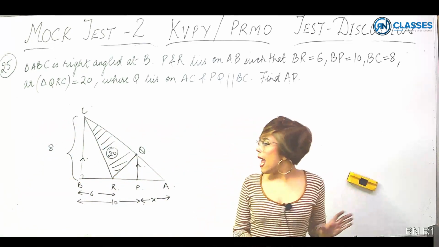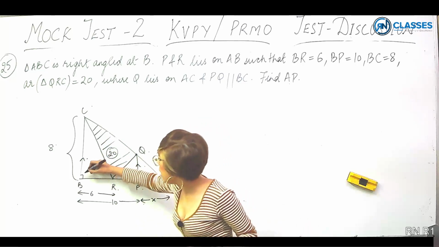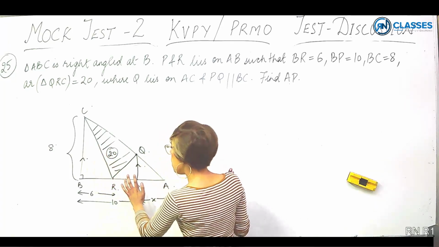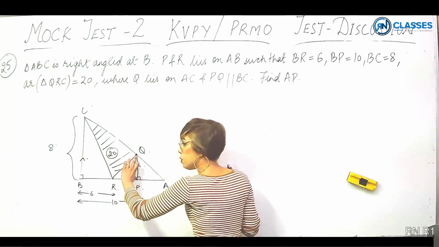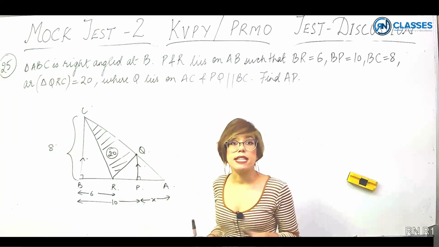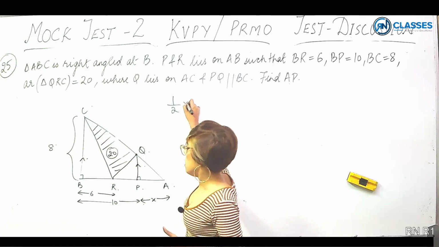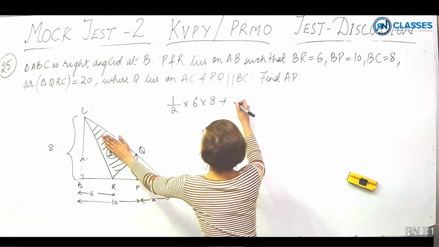Now, mind this, area is being used, right? And this is 90°, that means I can find the area of this triangle. Obviously, for this triangle, altitude is there and base I can see. So, I'll write all the areas that are available to us. Area of this triangle, which is half, base is 6, and height is 8, plus 20.